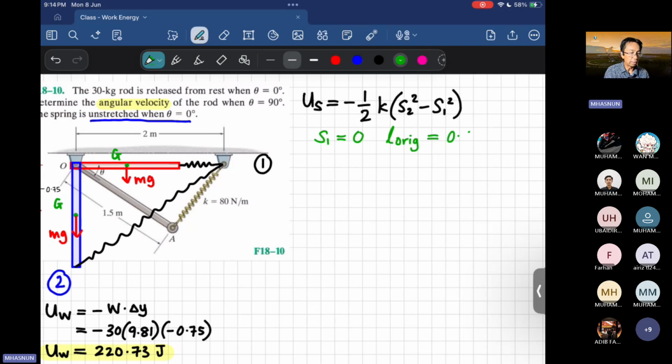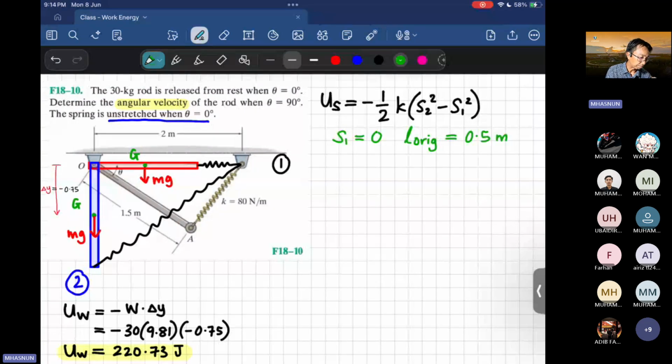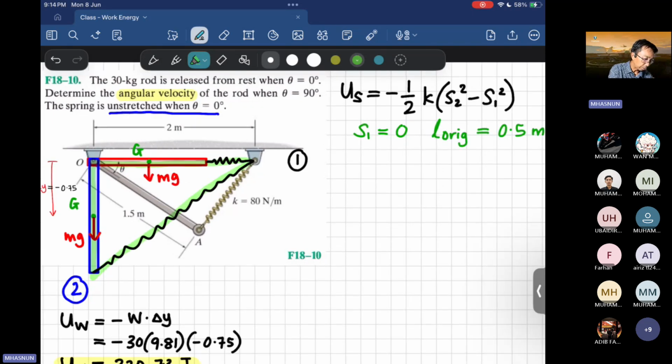So we need this original length to calculate the S2. Okay, so to calculate S2, we need to find this length here. So we need to visualize this triangle. If you can see this triangle here, I will zoom in.